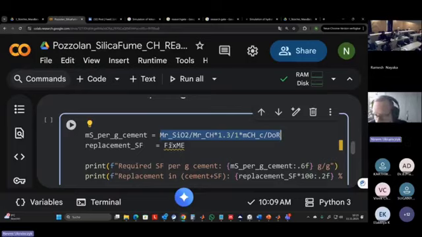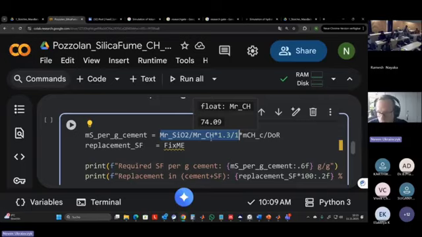The first part is the stoichiometry. I think now you really know it. The ratio of molar masses gives you the stoichiometric mass per gram of portlandite. We did the same yesterday per gram of cement. Now it's just per gram of portlandite. You should also consider the stoichiometric coefficients. It's not only the molar masses.